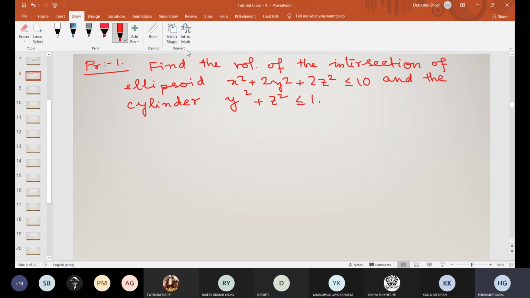Sorry. So we are going to find out the volume of the common portion between your ellipsoid and the cylinder. If we draw it, the ellipsoid looks like this.